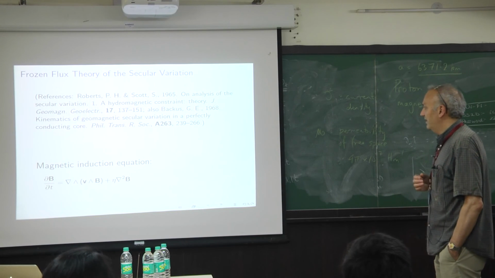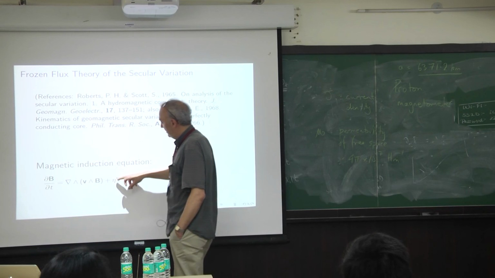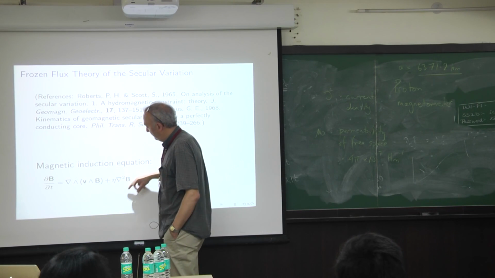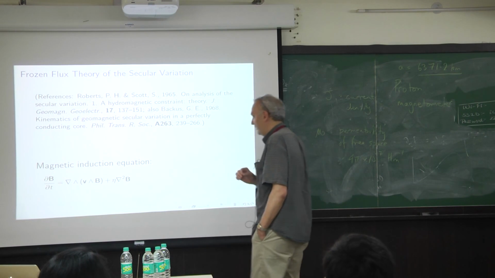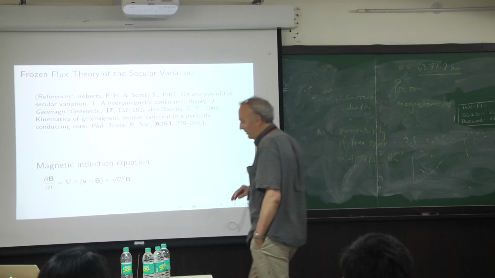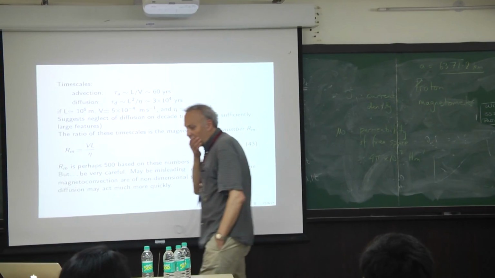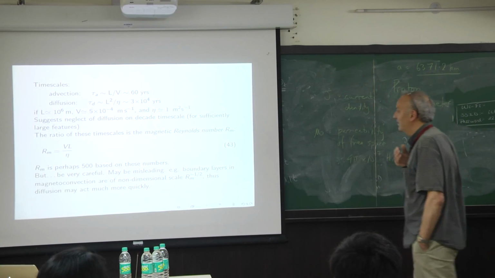The idea is that you drop the diffusive term here, and that's done on very justifiable grounds, which we'll try to justify now. So let's just look at the time scale.